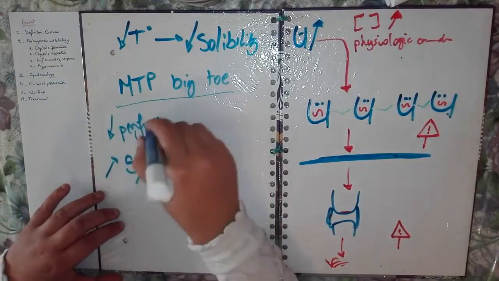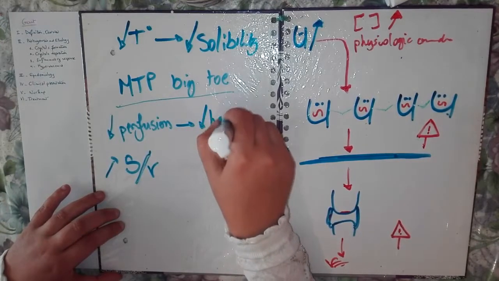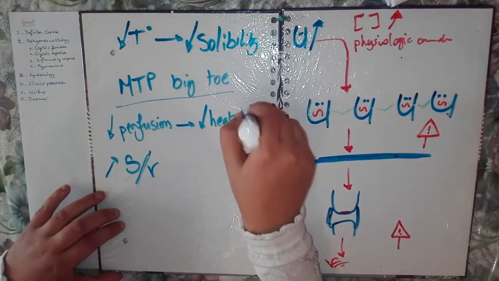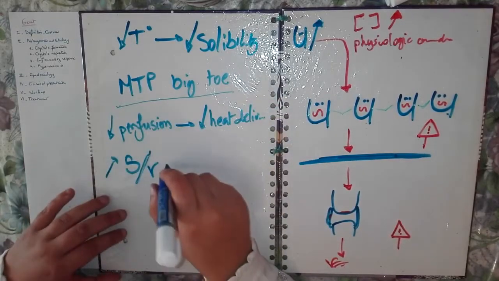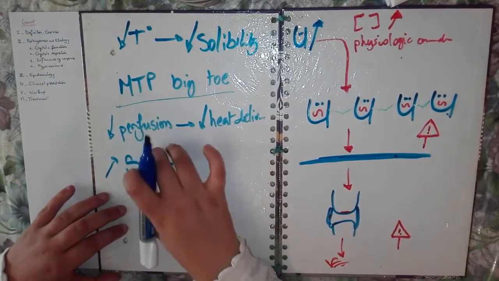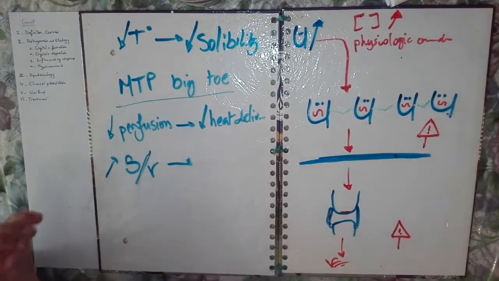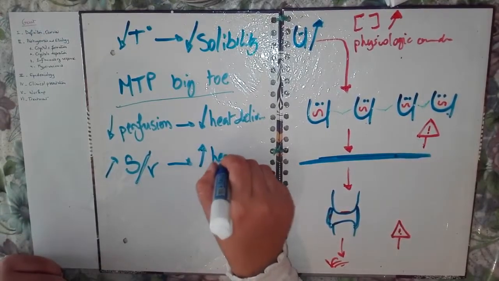Low perfusion, low heat delivery, and a bigger surface related to the volume of blood it receives, so high heat loss.